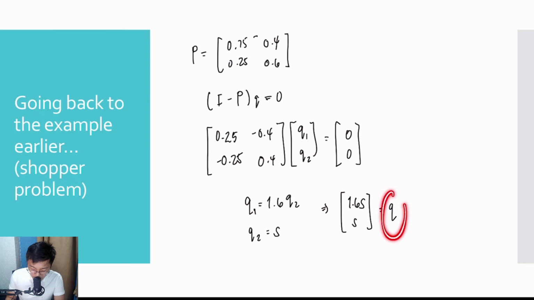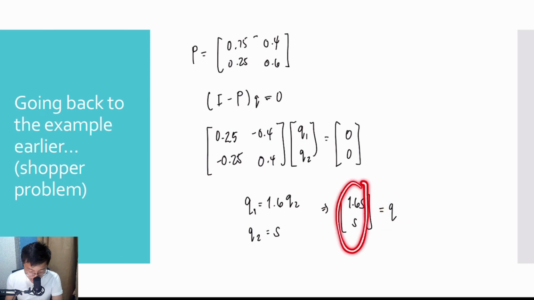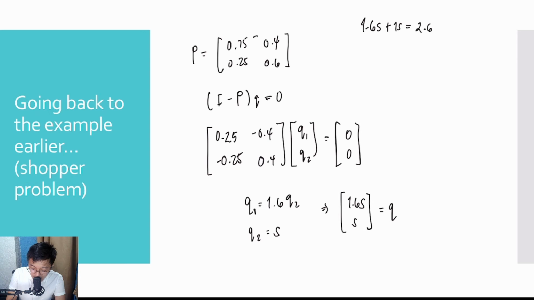Since we know that Q is a probability vector, the sum of the elements must be 1. So 1.6S plus S would be 2.6 S, which must be equal to 1. So therefore S must be 1 over 2.6. So if we solve for Q using S equals 1 over 2.6, we will get Q equals 0.615 and 0.384.